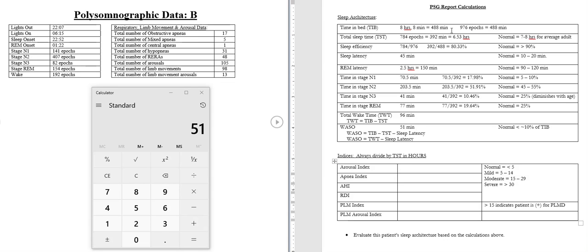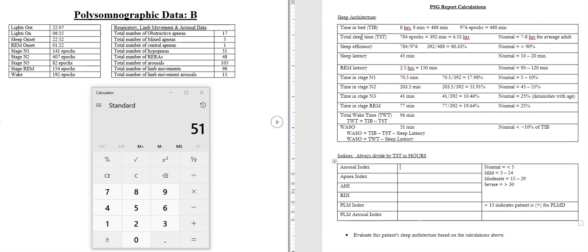The reason why we use total sleep time is because we're only doing the math for while the patient's asleep, not for while they're in bed, because you're not going to have apneas, you're not going to have awakenings or arousals when you're awake. So that's why we don't use time in bed. That's why we use total sleep time. If you forget that, you're going to mess up the whole column.